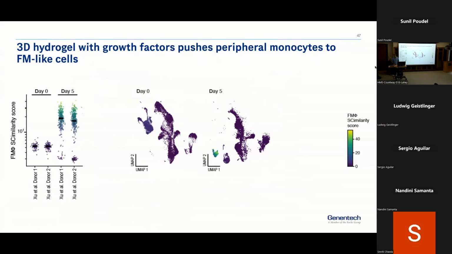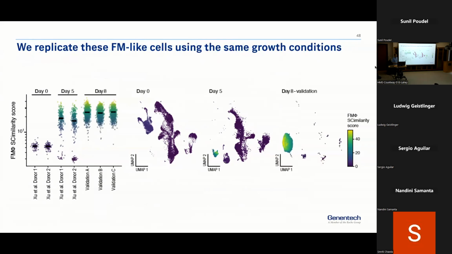So we've gone and replicated this ourselves in a mostly same experiment. We took it out to 8 days. I actually don't know why. But you can see we also can replicate these findings and get cells that are similar to the query fibrotic macrophage.